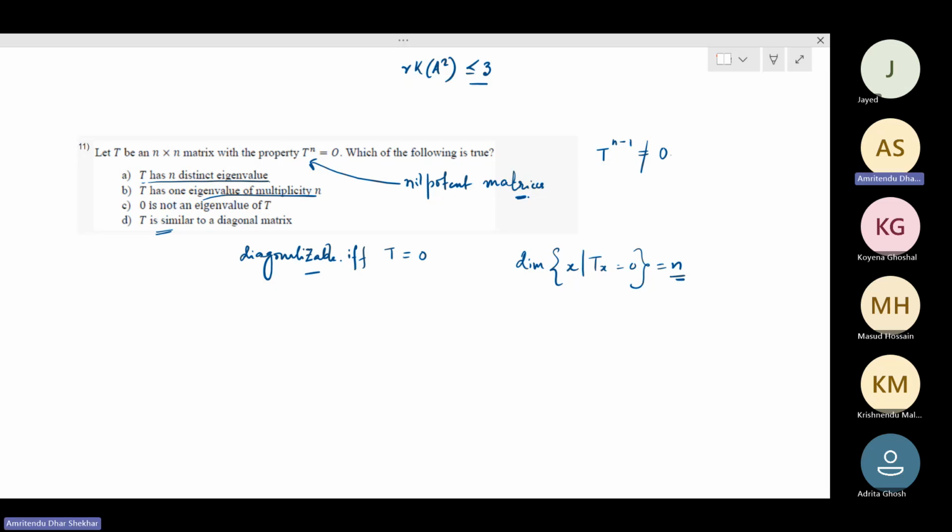This means that the geometric multiplicity of 0 is n, but this is just equivalent to saying that T is identically equal to 0. Okay, which is how we get this condition. So T is definitely not similar to a diagonal matrix unless n is equal to 1. So this is the correct option.